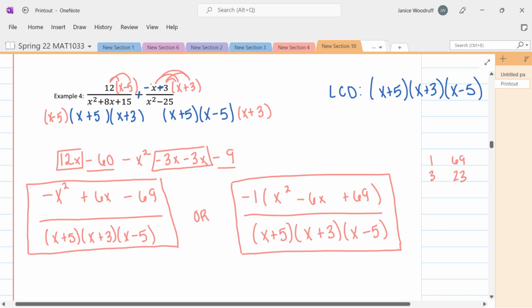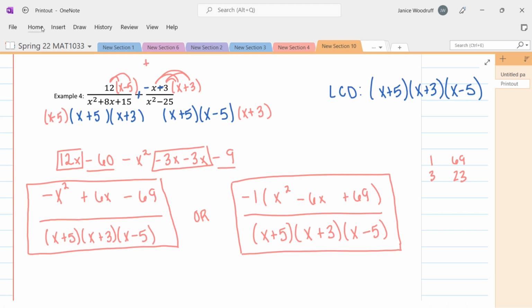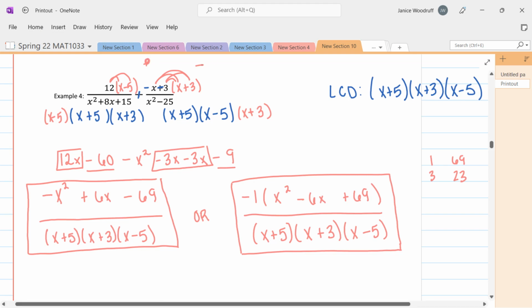So you wanted the very first step, distribute the negative sign. Because this was minus x plus 3. So you distribute that, and that gave you the negative x minus 3.